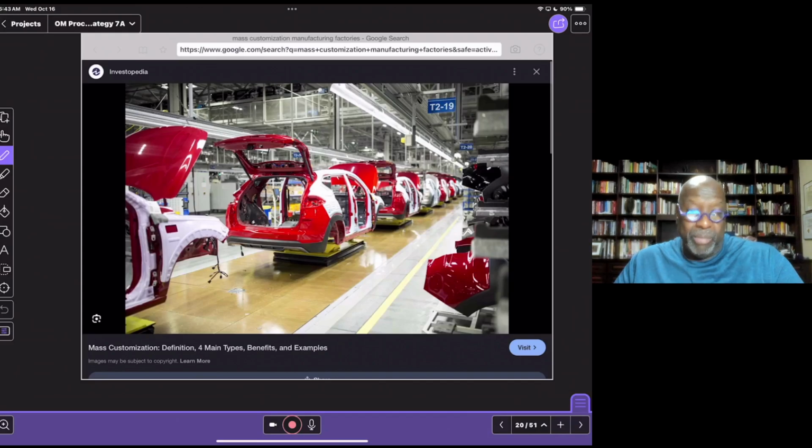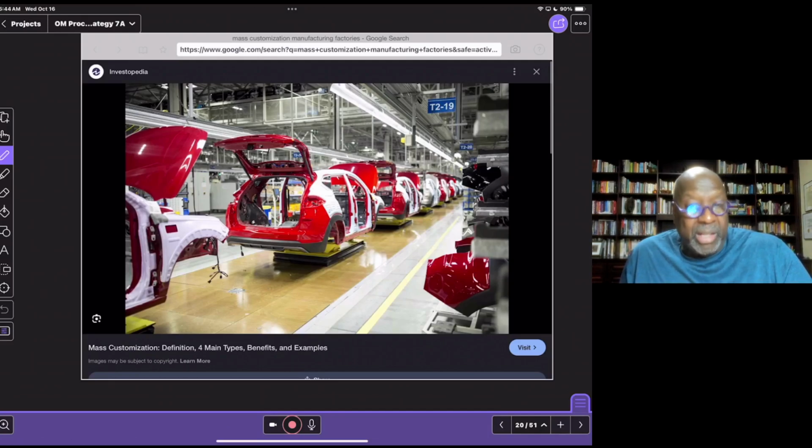Is this mass customization? Well, you have a repetitive focus, so you get some of the efficiencies, but then you have some variety, in which case you could place an order for a car where you say, I want it to be manual, I want it to have satellite radio. So you could actually custom order a car if you wanted to.